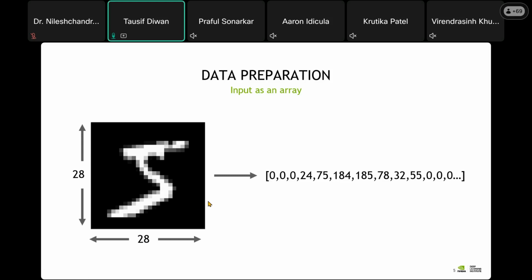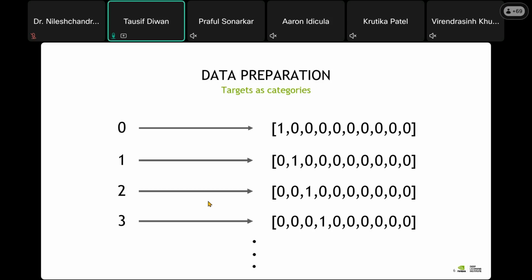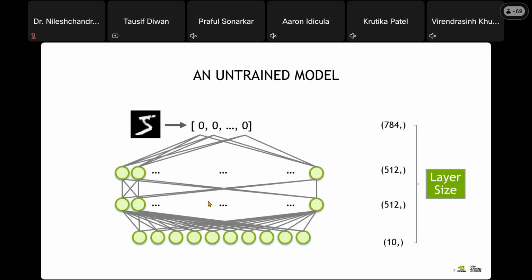But here the data is 28 by 28 by 1. 28 is width, 28 is height, and 1 is the channel. So basically this is the type of model that we are interested in creating. A 28 by 28 input is given to us.